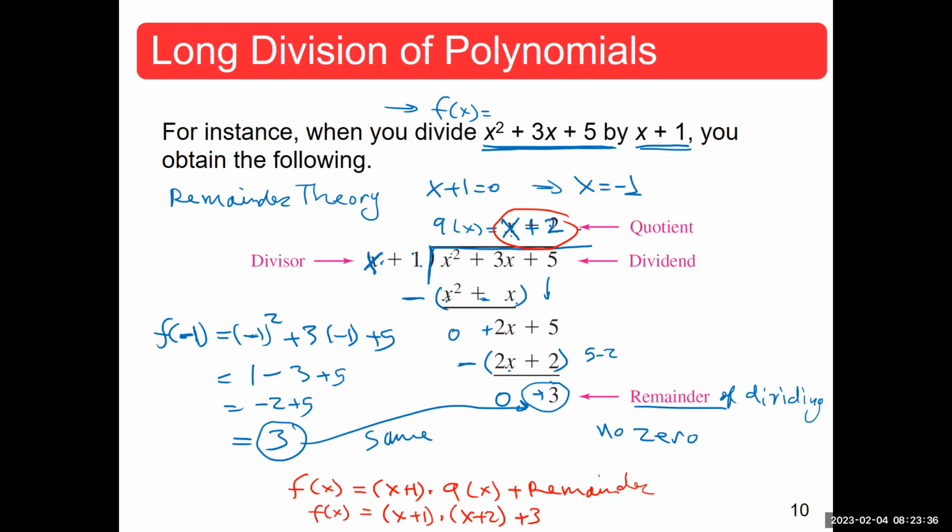That's the reason if we set it to 0, we cannot get zeros, because the remainder is blocking us. If the remainder is 0, then we can find all zeros. That's the same thing we did.